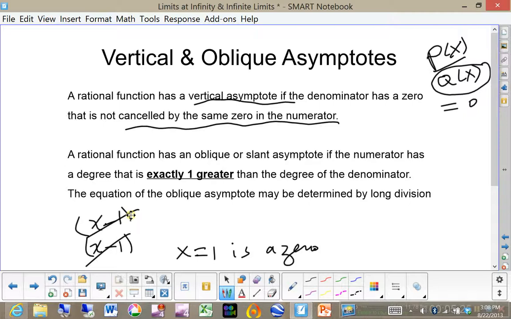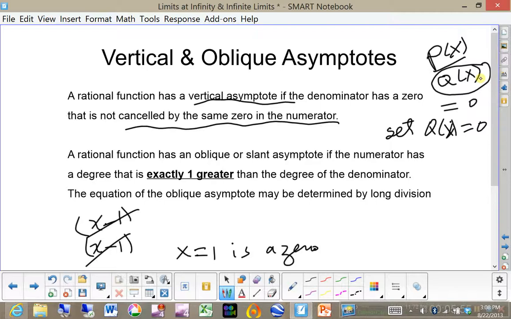So when you're looking for vertical asymptotes, set q of x equal to 0 and solve for x. If you see a factor that leads to q of x equals 0 and it is not canceled by the same factor in p of x, then you have a vertical asymptote.